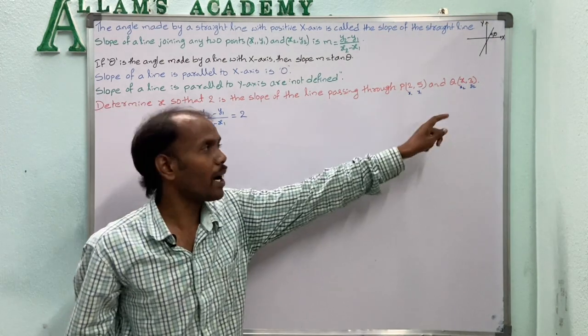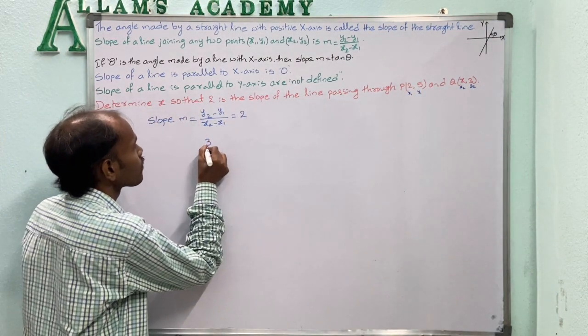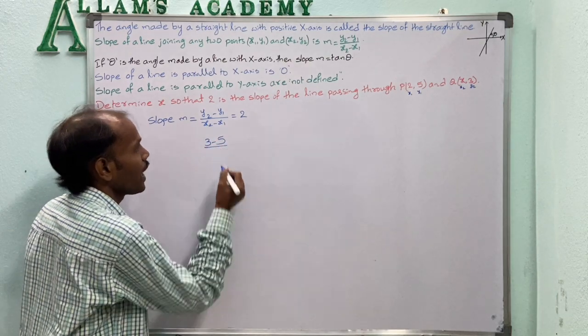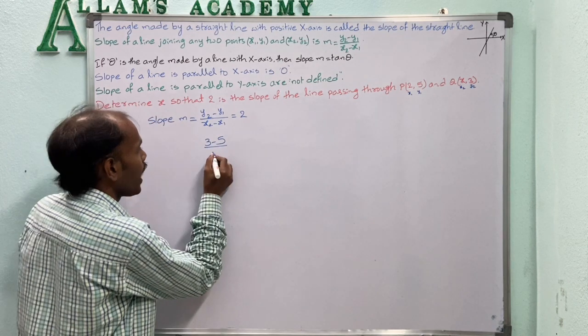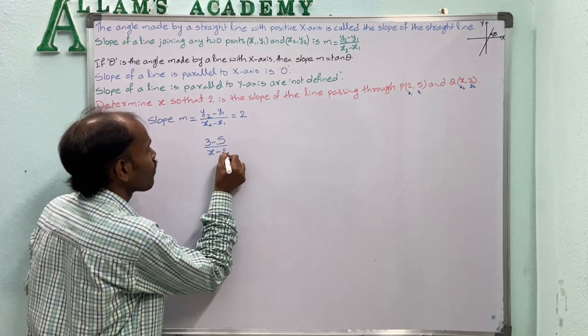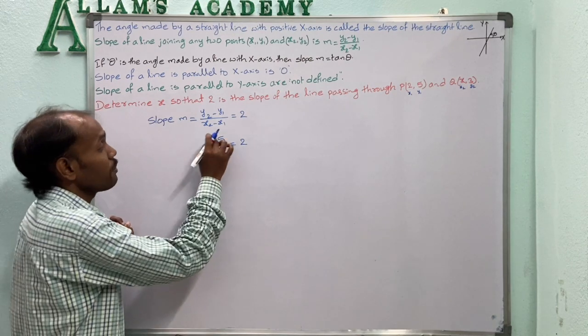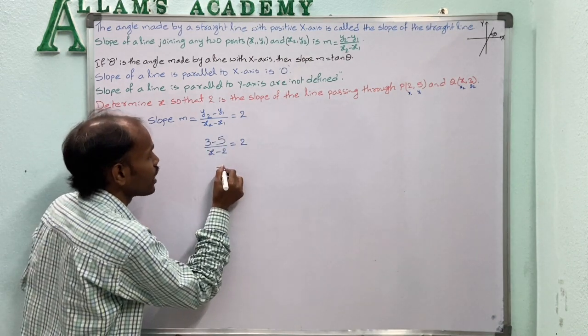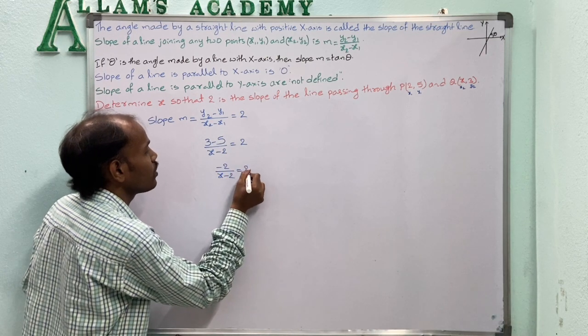Now y2 minus y1, 3 minus 5, by x2 minus x1, x minus 2, is equal to 2. 3 minus 5 is minus 2, so minus 2 by x minus 2 is equal to 2 given.